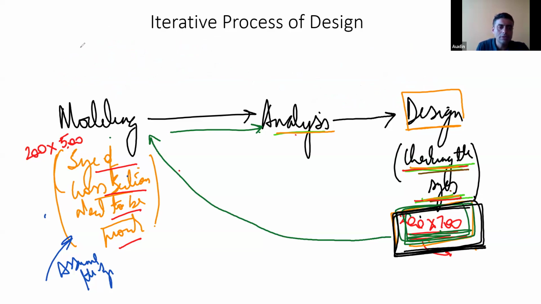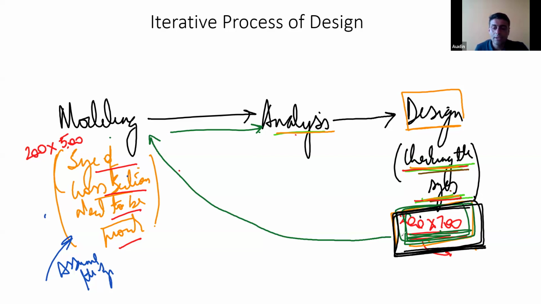But do you think the moment due to, let's say, a live load component which does not involve self weight, will the values change or not? They won't change. The analysis result for a cantilever beam or for a simply supported beam will remain the same.